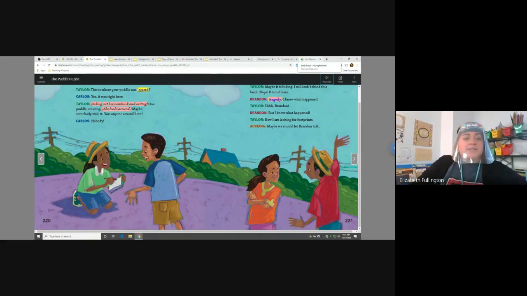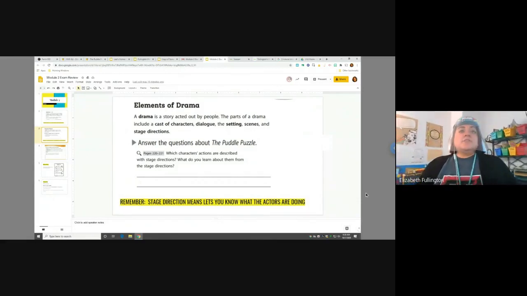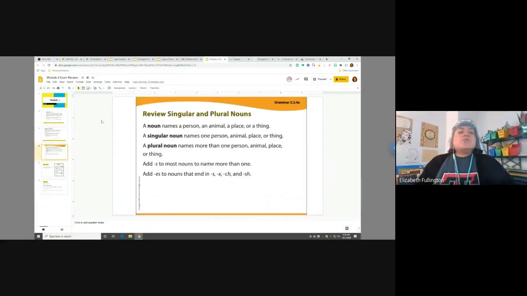Good job, guys. So let's see here. So we can also put right here. So it says, remember, stage directions lets you know what the actors are doing. Oh, go ahead and let them in. All right. So do we need our book out after this?